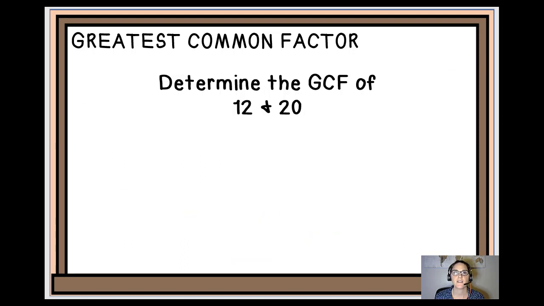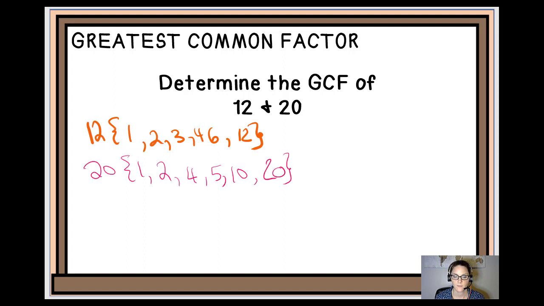Next, we're going to look for the greatest common factors of 12 and 20. So the factors of 12 are 1 and 12, 2 and 6, 3 and 4. Okay, let's go ahead and write down our factors of 20. Okay, so the factors of 20 are 1 and 20, 2 and 10, and 4 and 5.